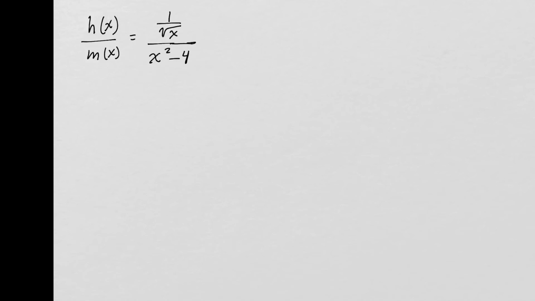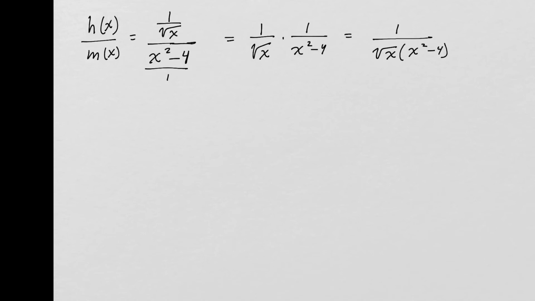If you want, you can think of this as a fraction over 1, then it's the top fraction times the reciprocal of the bottom fraction. So really all it does is it puts the radical x in the denominator. Okay, so that is the quotient of h and m.